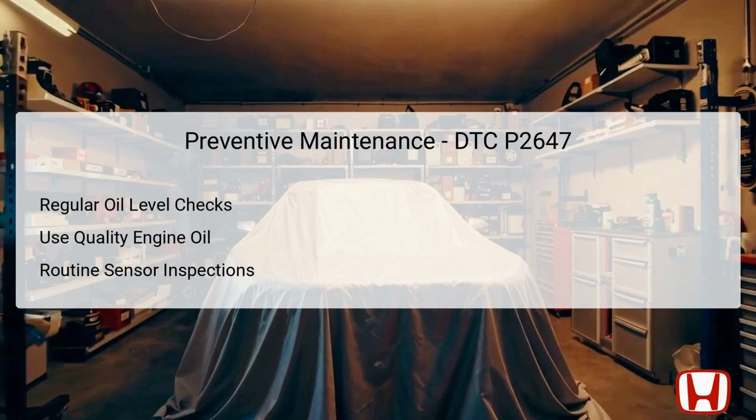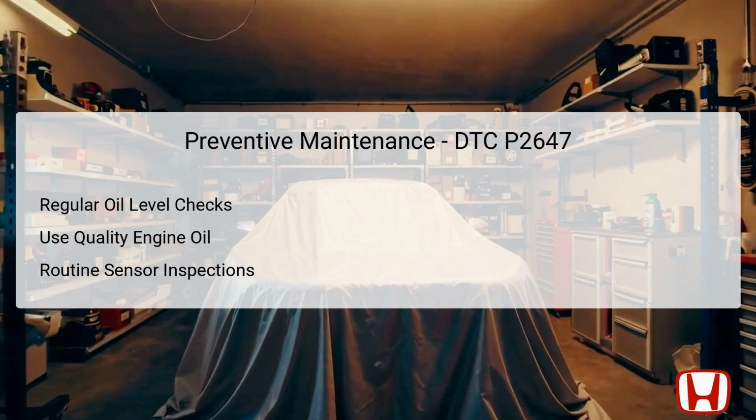Preventive maintenance plays a significant role in avoiding DTC P2647 and ensuring optimal performance of the rocker arm oil pressure system. Regular oil level checks can help catch any potential lubrication issues early before they escalate into more significant problems.